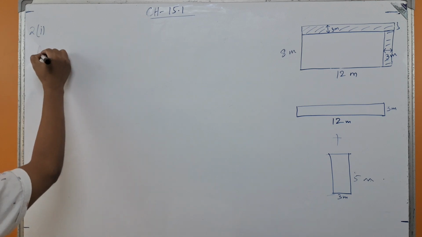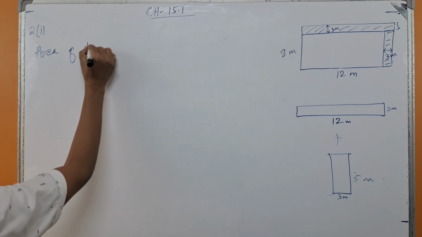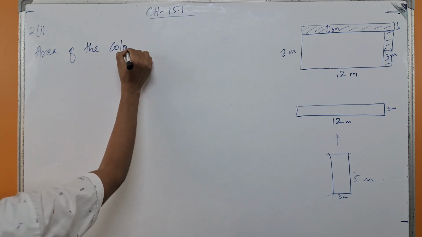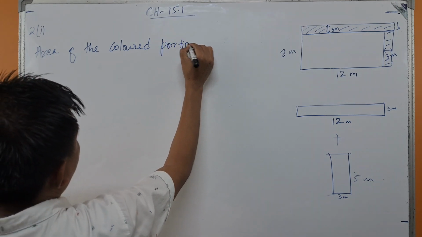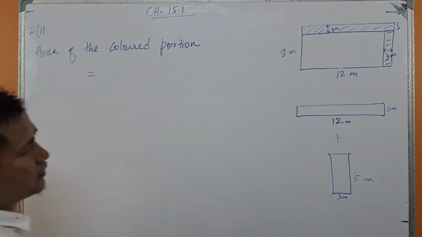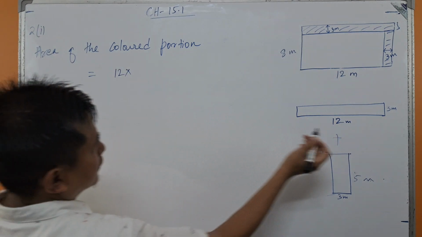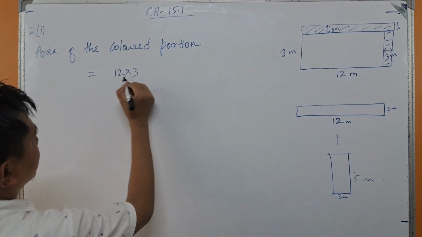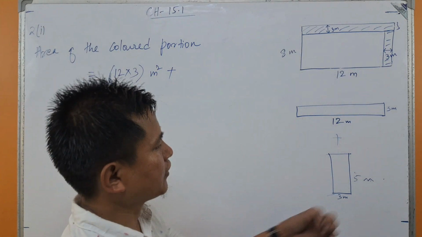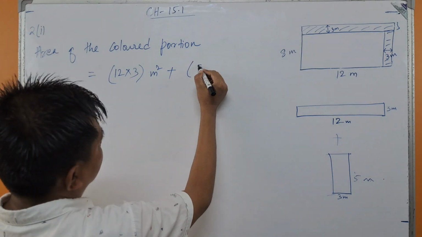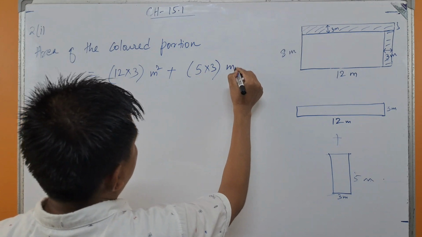Area of the colored portion equals area of this rectangle, that is 12 into 3 meter square, plus area of this rectangle, that is length into breadth, 5 into 3 meter square.